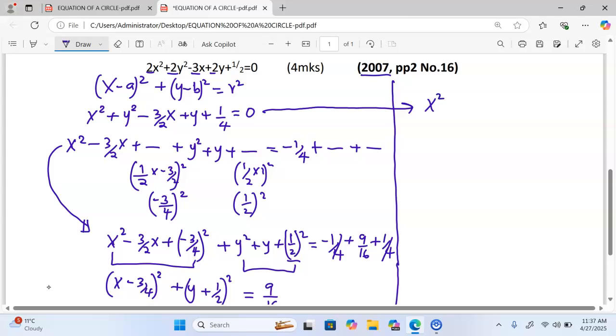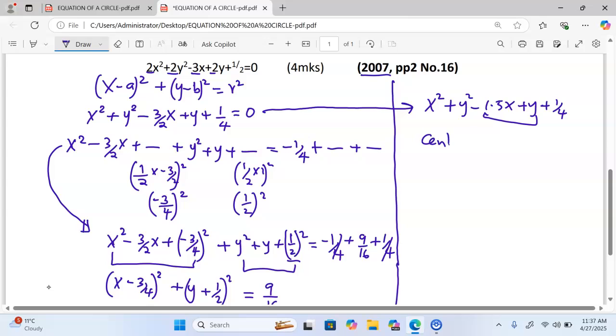So if we have x squared plus y squared minus 3/2x, 3/2 is the same as 1.5x, plus we have y plus a quarter.